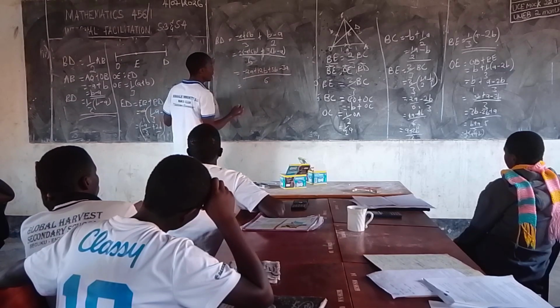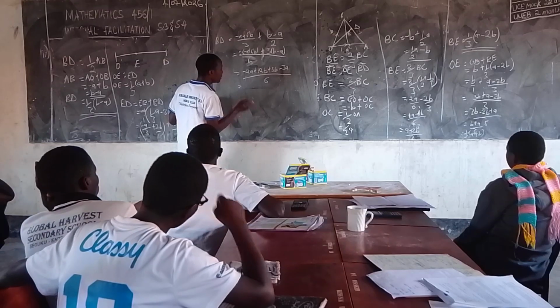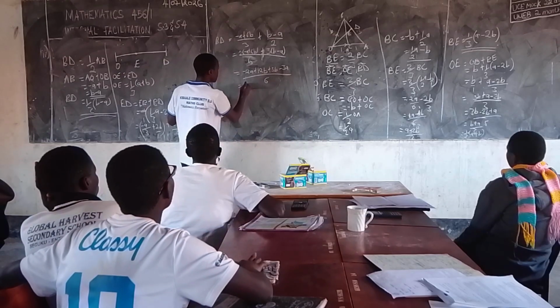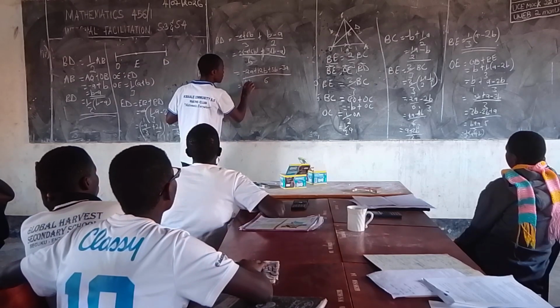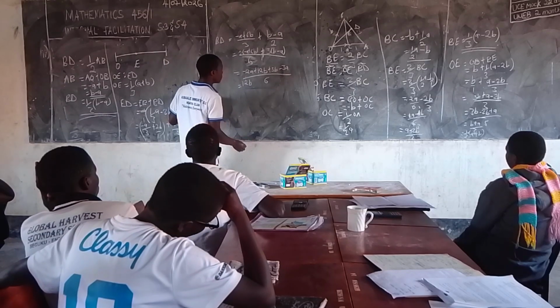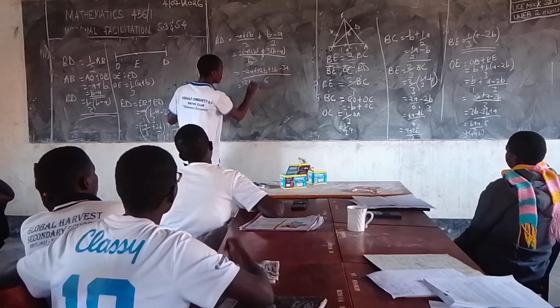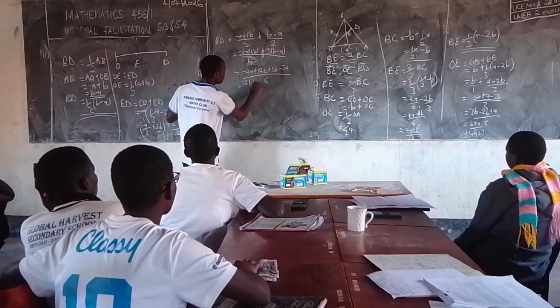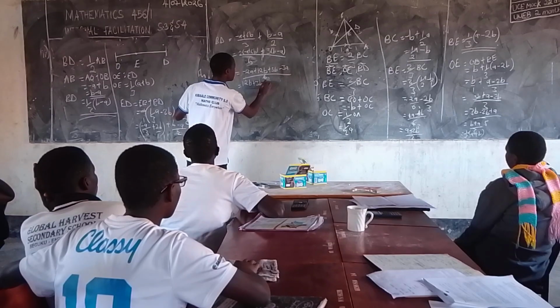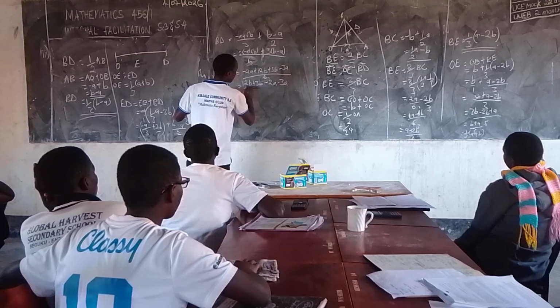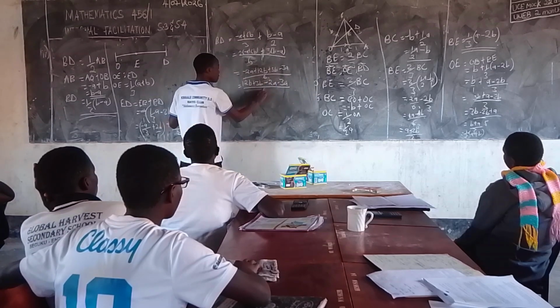So what do we have here? We are going to collect like terms. So we have our 4b plus 3b, minus 2a minus 3a, over 6.